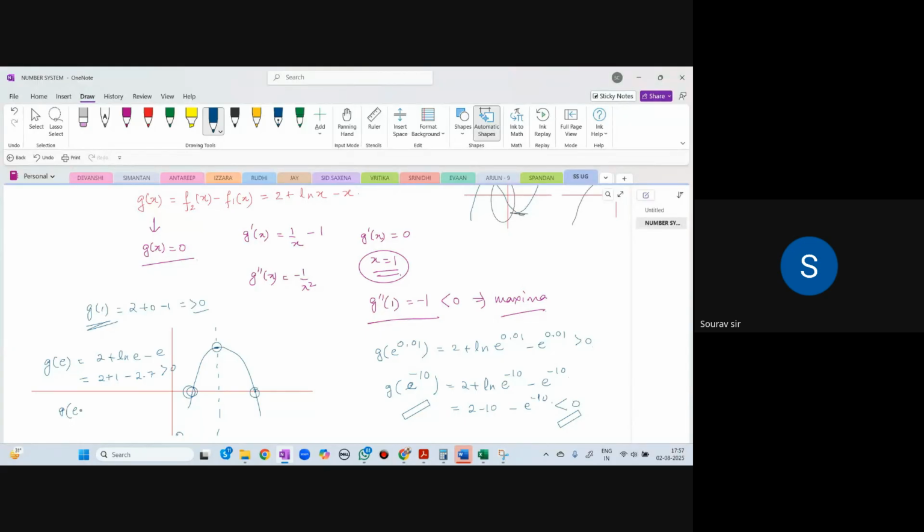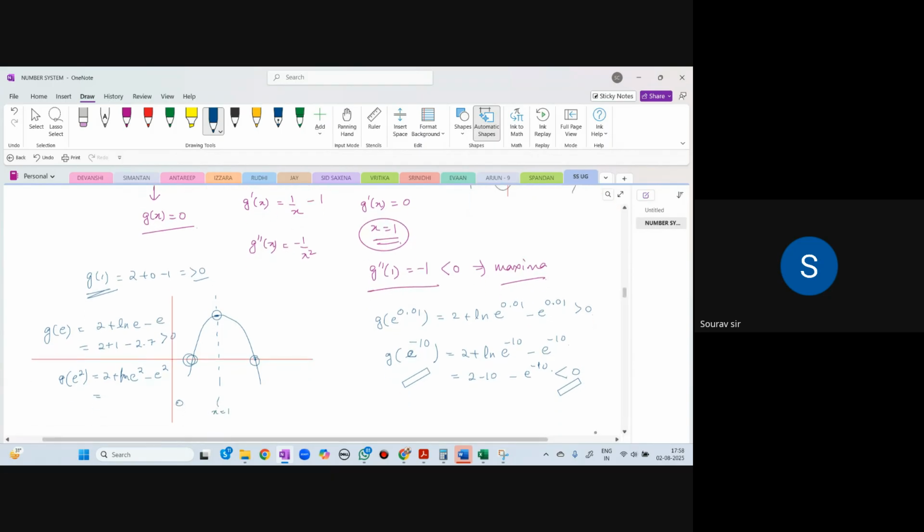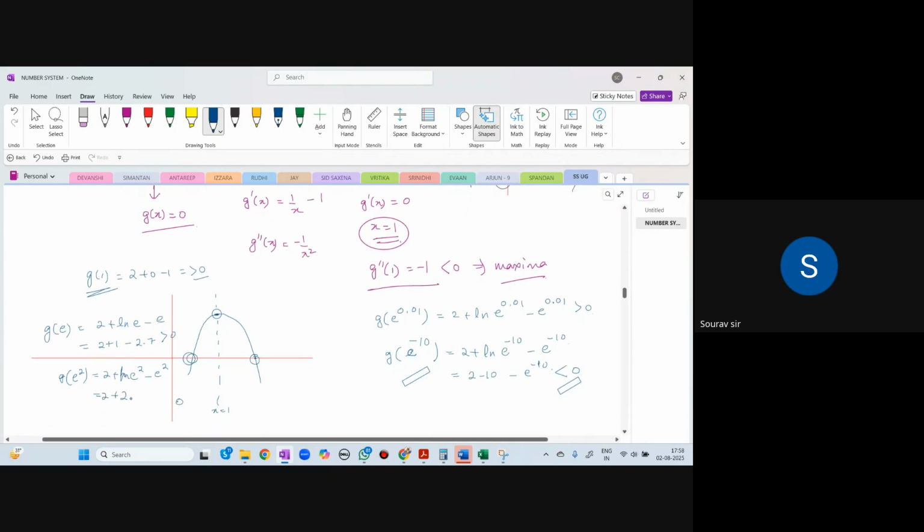And g(e squared) is 2 plus ln e squared minus e squared, which is 2 plus 2 minus e squared. e squared is 2.7 squared, roughly around 7.